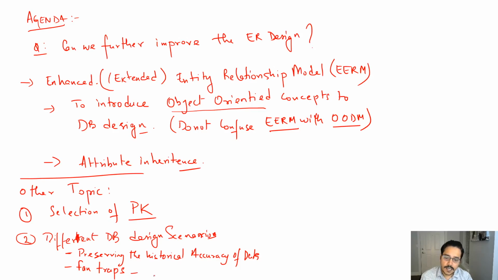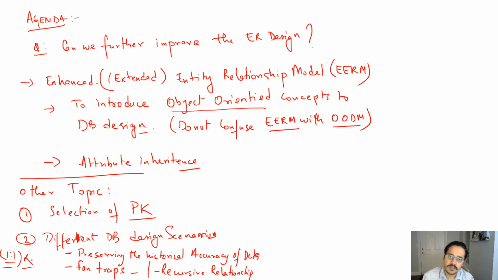Okay, and then we are going to discuss a bit more about recursive relationship. Okay, the last one which is there, which we are not going to revisit again, is the implementation of 1:1.